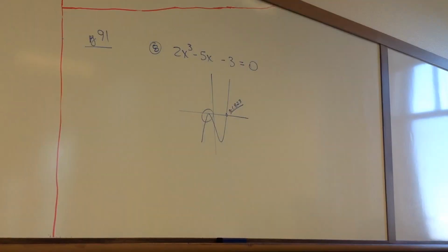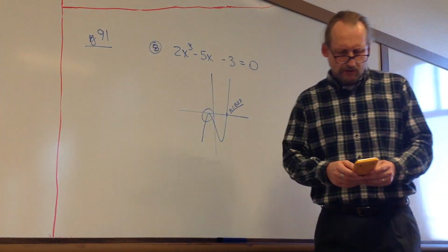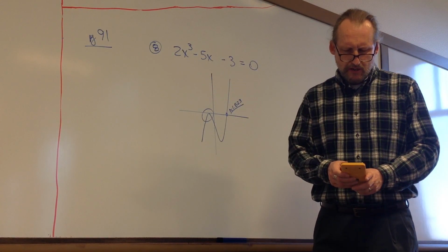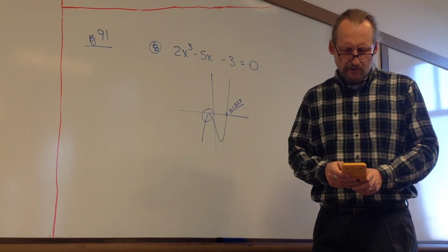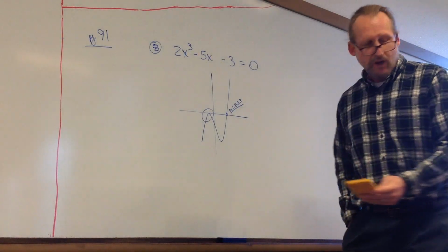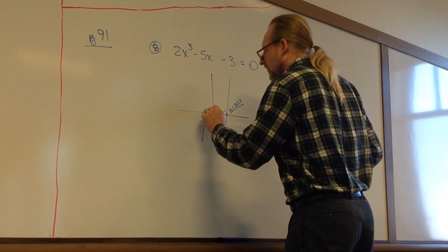Okay, and so what I'll do now is I'll just do that process where I use the find the zero. You hit second, trace, choice number 2, and let's see here. Set a left bound and a right bound, and then we've got one root at -1. Well, that was nice.